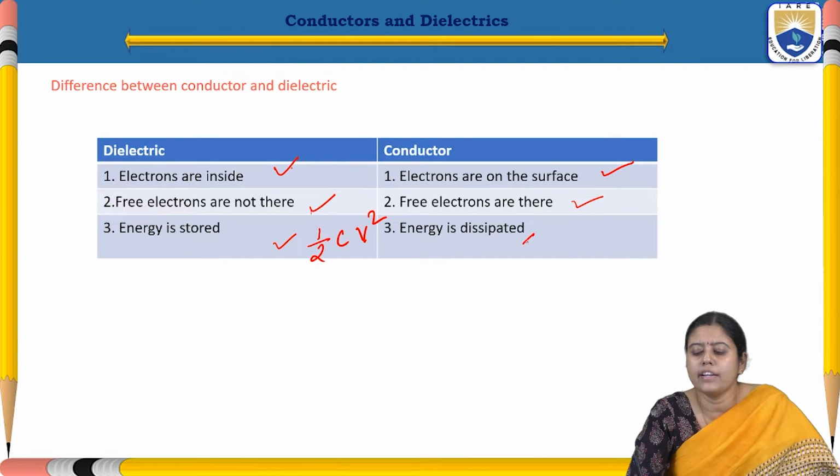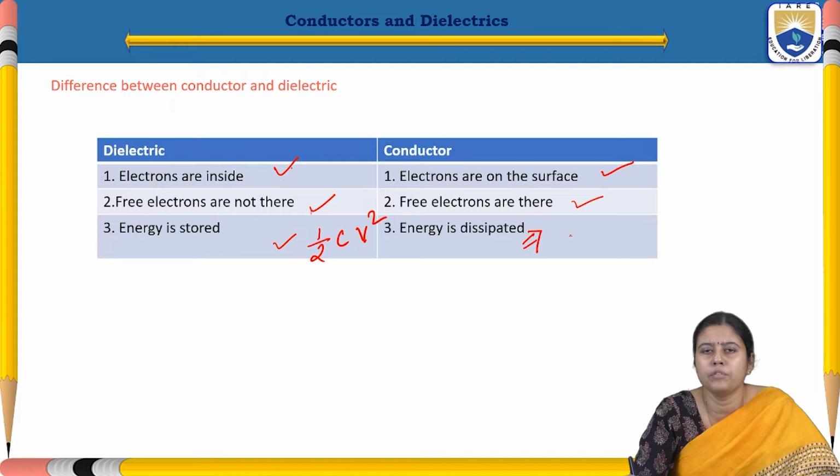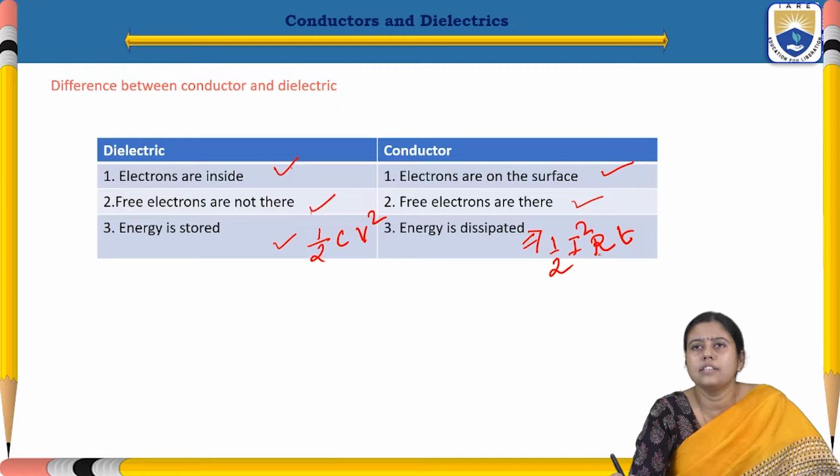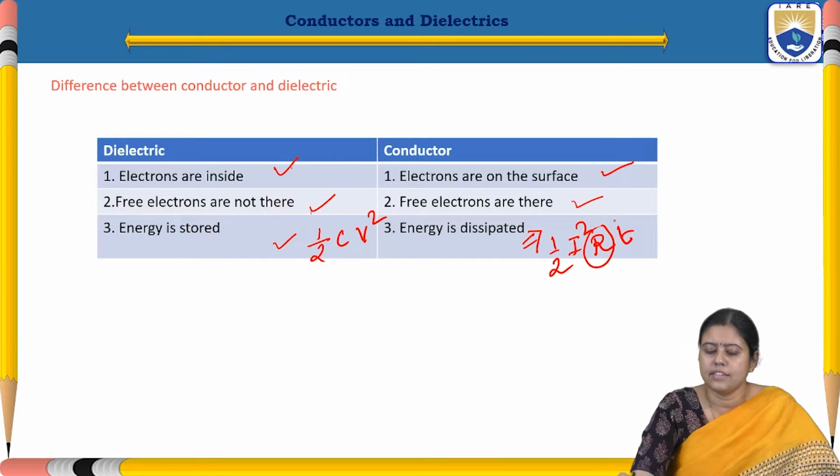But in the conductor, there is heat energy due to Joule's effect. Some energy is dissipated, and the value is I squared R t, where R is the resistance.